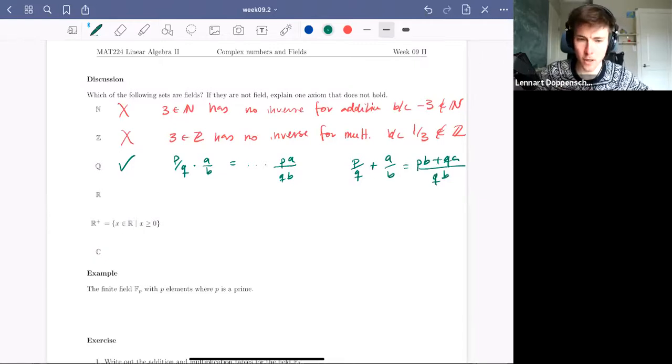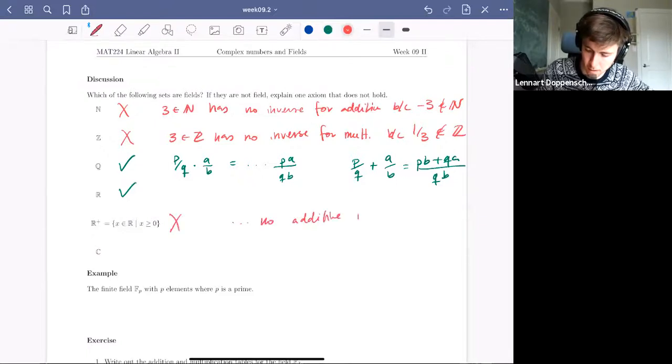Okay, what about R? Yep. What about R plus? Only the non-negative. Yeah, this is not a field. And then again, additive inverse. And C is a field.